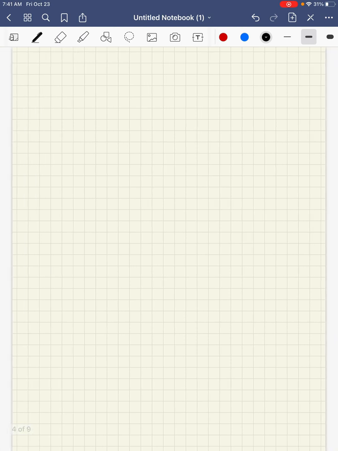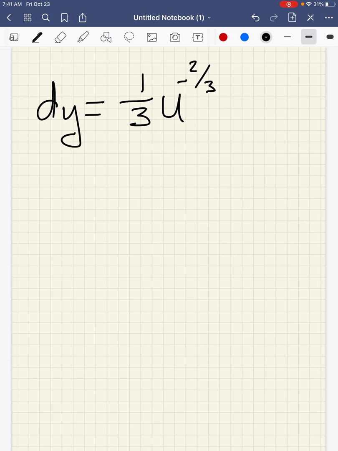All right, so now dy will be equal to 1/3 u to the minus 2/3 times du. And at this point, we just plug back in what we have.